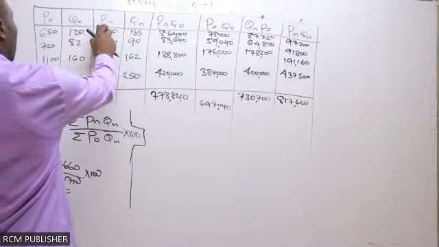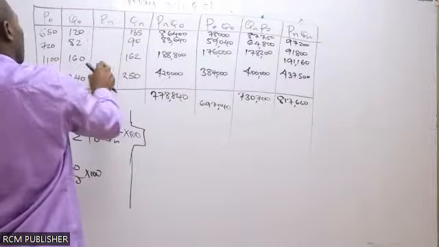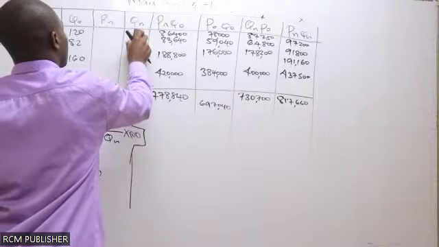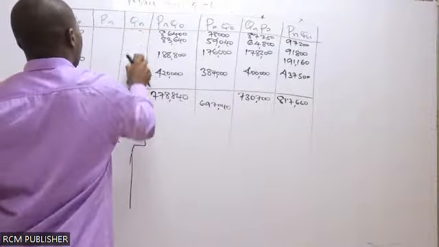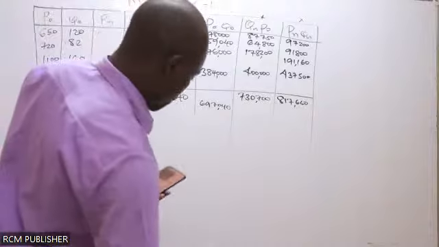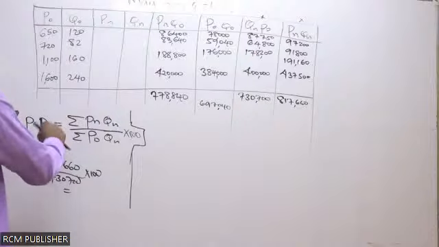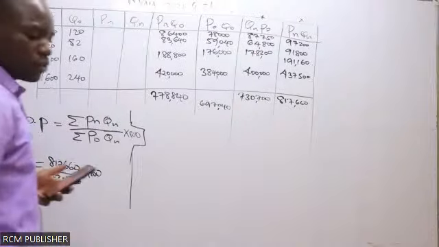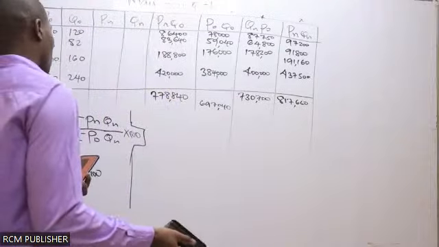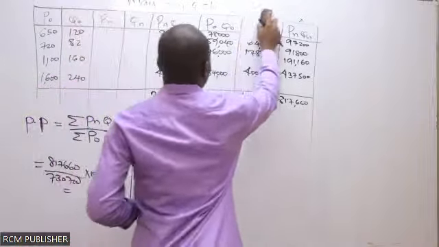The values for PN are now changing because our PO and QO remain the same. When they change, you need to get a different value. The formula remains the same because we are told to get the index for two different years. So the columns which we need are PNQN and also POQN. We can do away with these ones here.